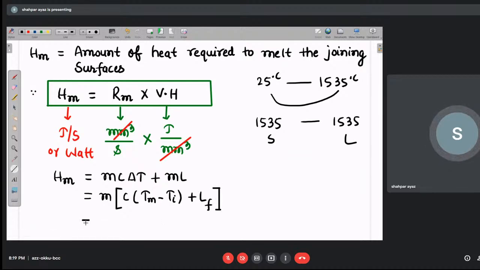If mass is not given but density and volume are given, you can use rho into V, c delta T, melting temperature minus initial temperature, plus latent heat of fusion. Latent heat of fusion is very, very important. So this is also one formula to calculate Hm.